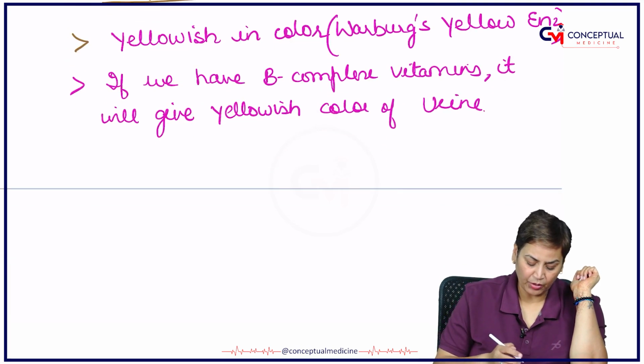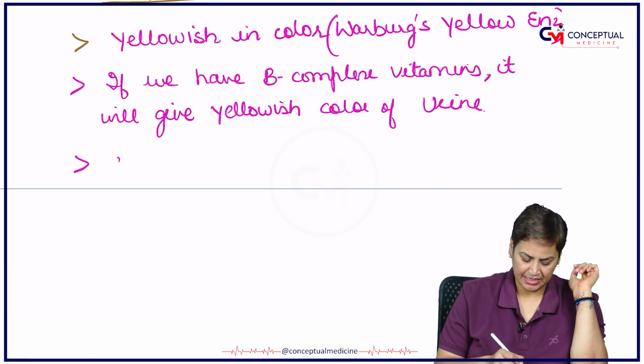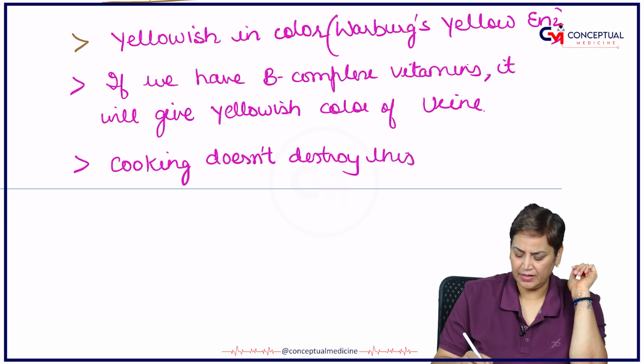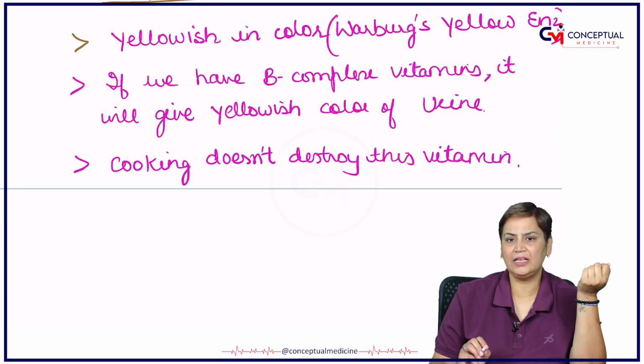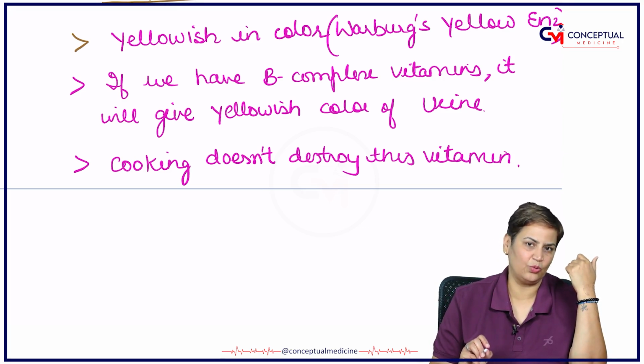Then the third important point about this is cooking will never destroy this vitamin. Even if we cook, cooking does not destroy this vitamin. Very important. Right. Now, the question is, what are the reactions in which it is used as a coenzyme?